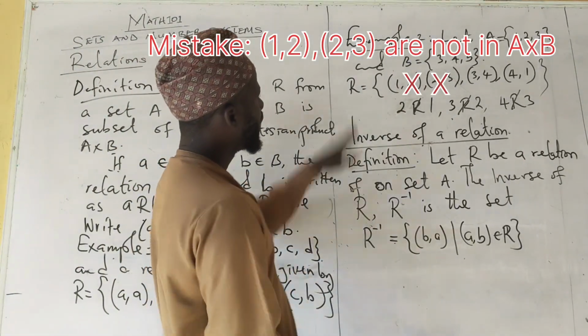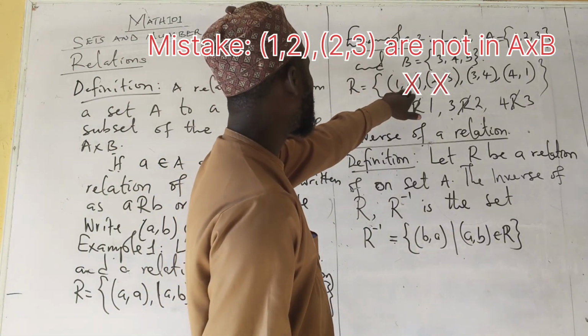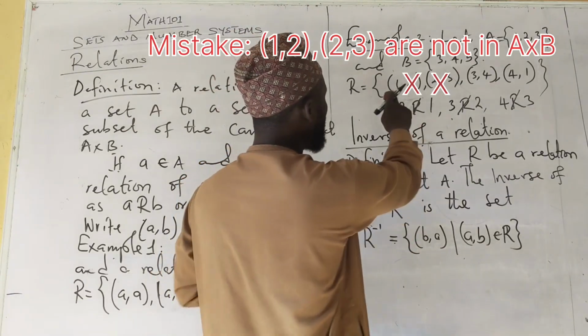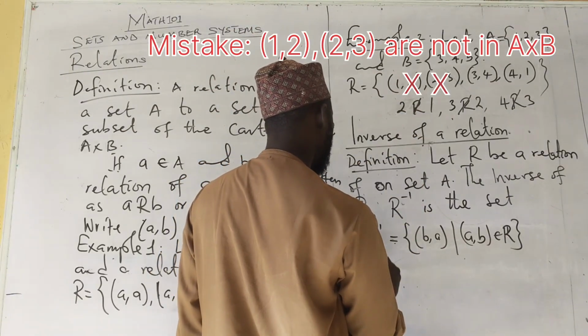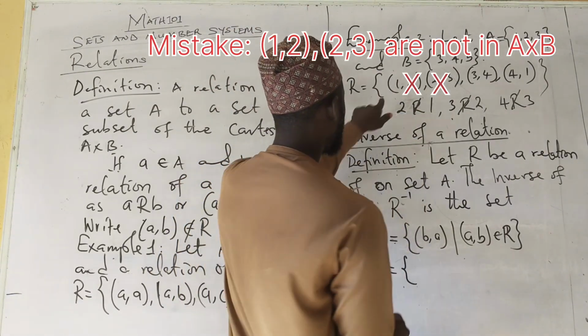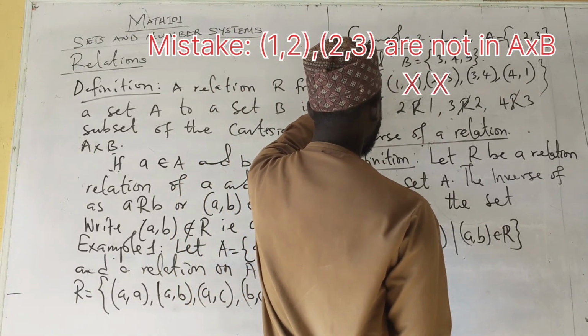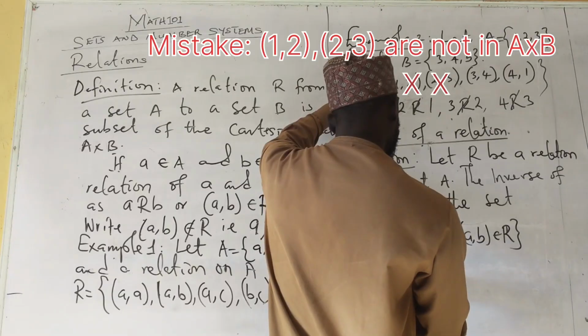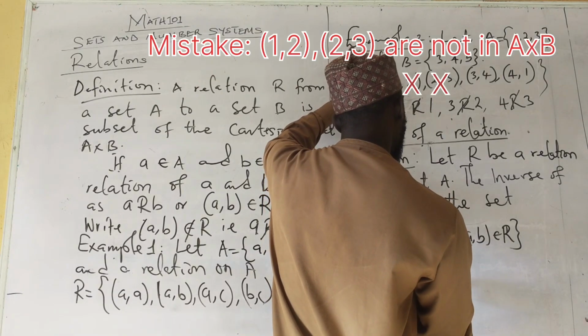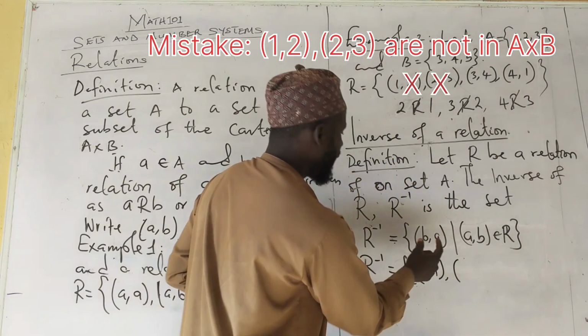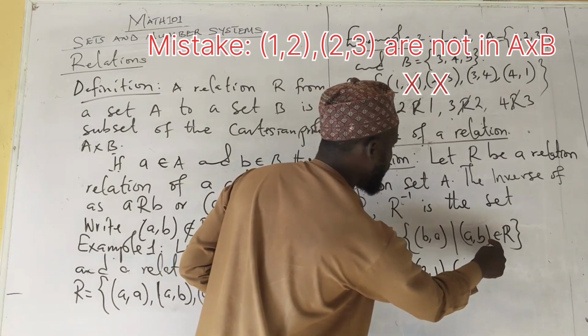Take for example this relation here. The relation is given. So how will you write R inverse? R inverse is equal to, from example 2, the inverse relation of example 2 is (2, 1). See? In R, it is (A, B).